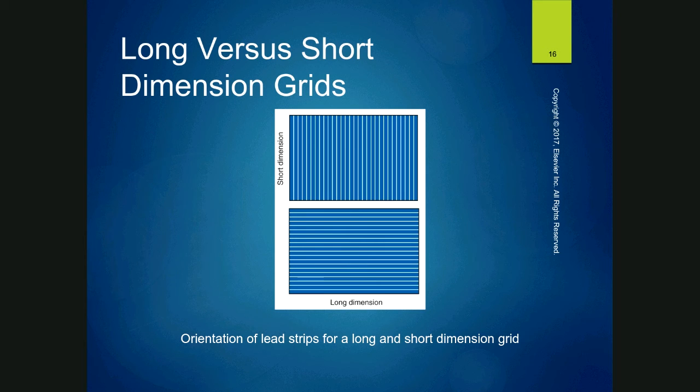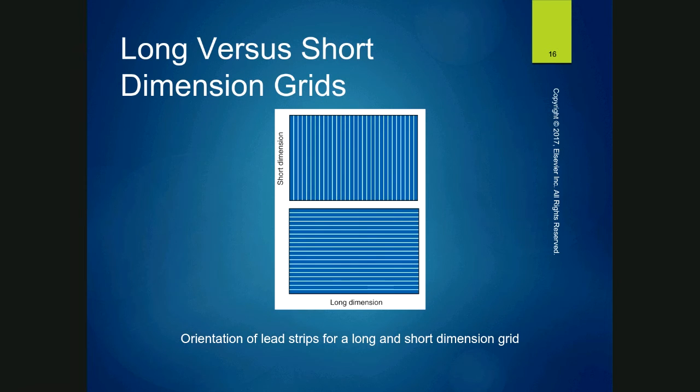So when I think of grid lines and what they're doing, I like to think about blinds. I know that sounds kind of crazy, right? But a long dimension grid in this example would be like mini blinds or regular blinds that most people have in their house.